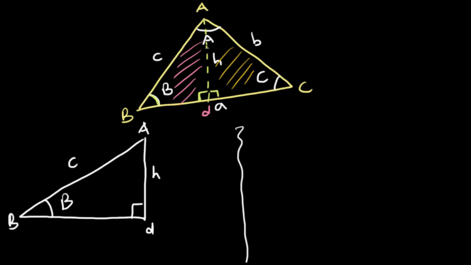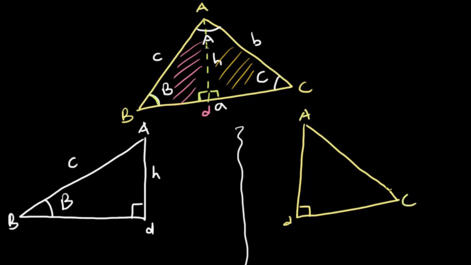Then we can draw the second triangle. For the second triangle, we have this. So we still have a right angle, and this A, D, C, this angle C, and then we have H, and we have B. Now the two triangles are right angle triangles, so we can label the sides.